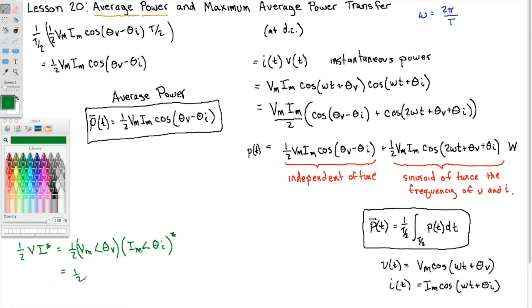So this is 1/2 Vm angle theta v. When you take the complex conjugate in polar form, remember that's a reflection over the real axis, so we negate the angle. So this becomes Im angle negative theta I, and when we do that multiplication, we have 1/2 Vm Im, the amplitudes multiply, and the angles add, so we've got theta v minus theta I.